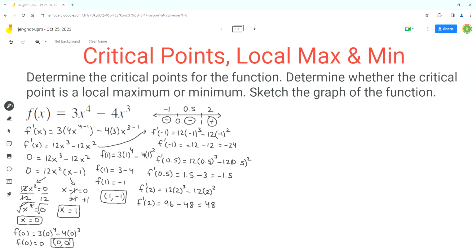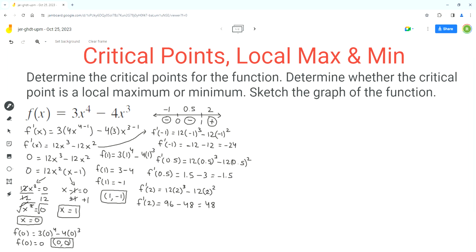So now we can use these results to find whether the critical points are local maximum or minimum. So let's start with the first critical point at 0, 0. Now to the left side of 0, the function is decreasing, and to the right side of 0, the function is decreasing.